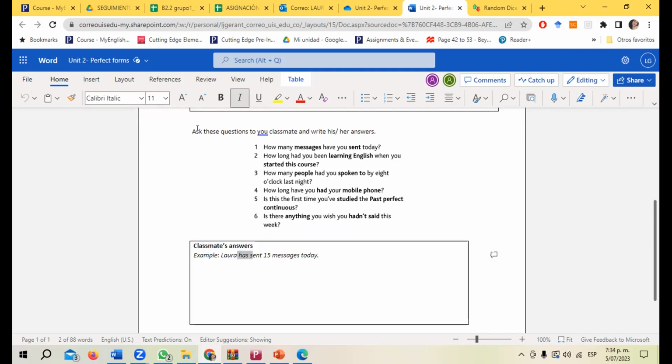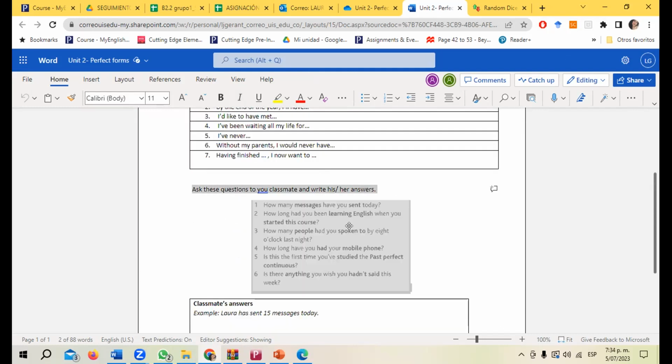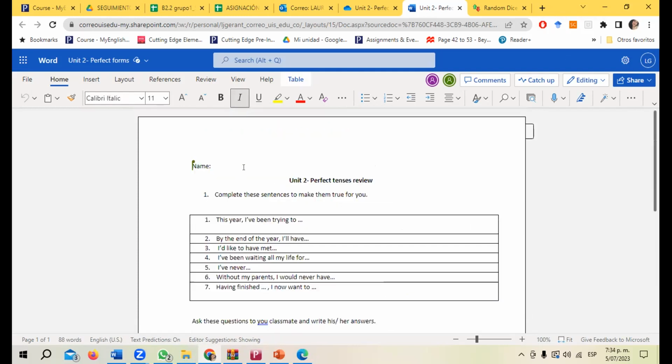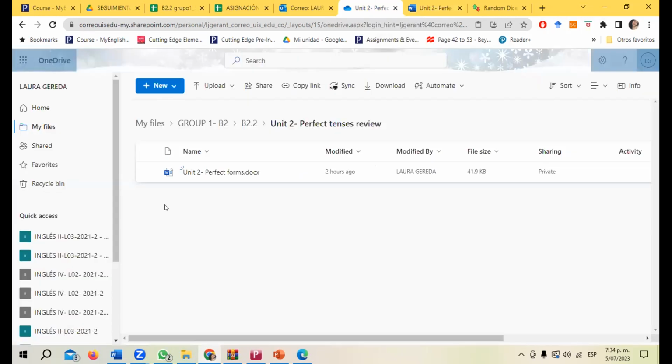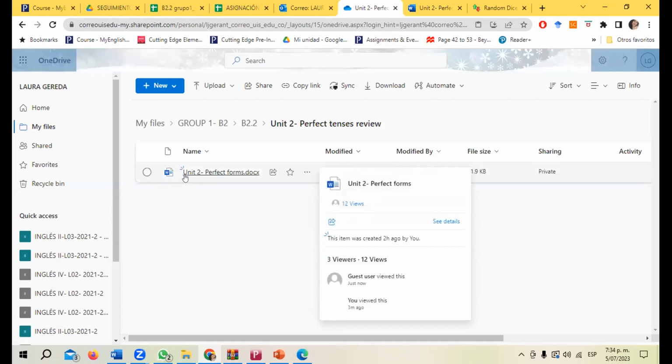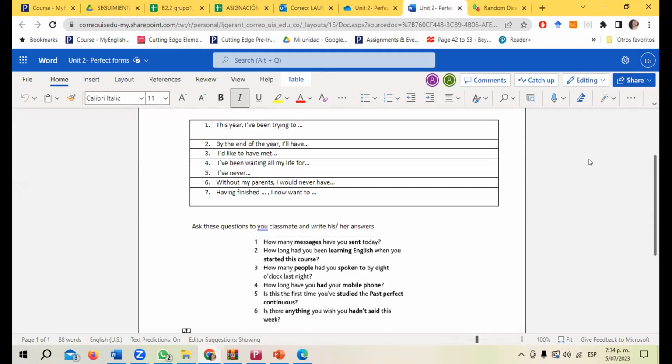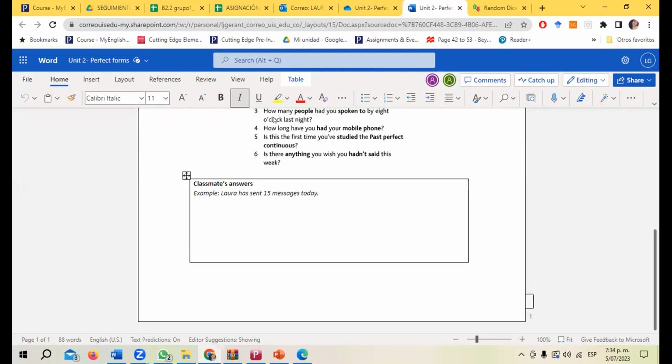Esta parte número 1, que es individual, la pueden completar mañana y suben el documento. Por favor, lo descargan y lo vuelven a cargar con su nombre en el documento. Lo descargamos, lo editamos y lo volvemos a subir, okay?